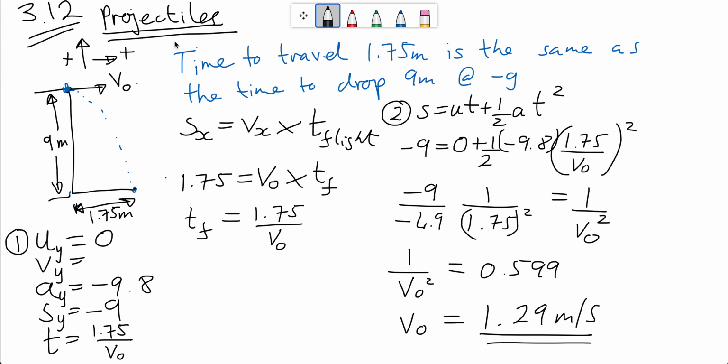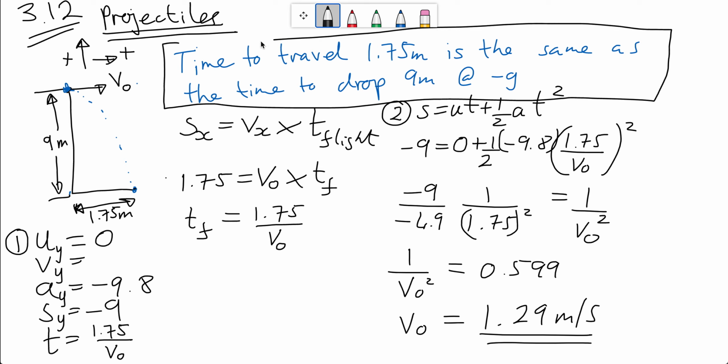But the key difficult part here is the concept. What do you need to know to actually solve this problem? This is the hard part: the setting up of the problem. Once you understand that, everything else is relatively easy. The rest is just calculations. But that's where the real physics and the difficulty in all of these problems comes in.